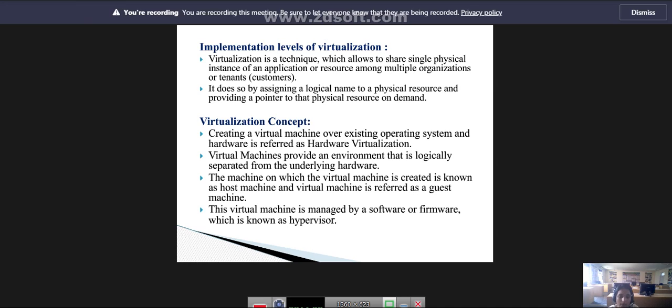Virtualization provides an environment that is logically separated from the underlying hardware. The machine on which the virtual machine is created is known as the host machine, and the virtual machine is referred to as a guest machine. This virtual machine is managed by software or firmware known as the hypervisor.